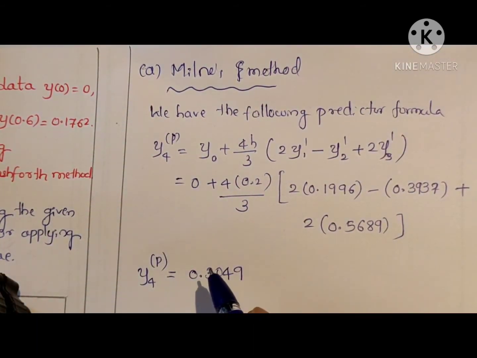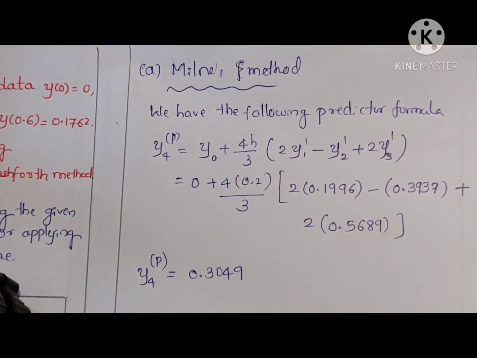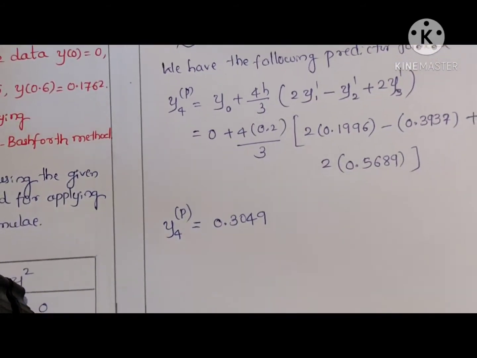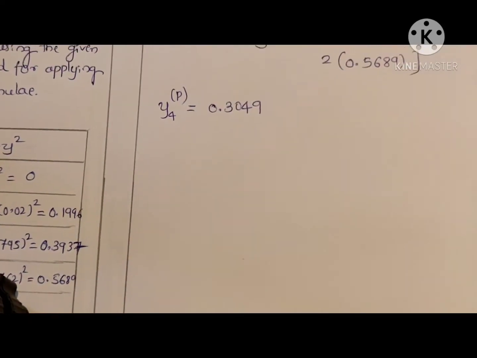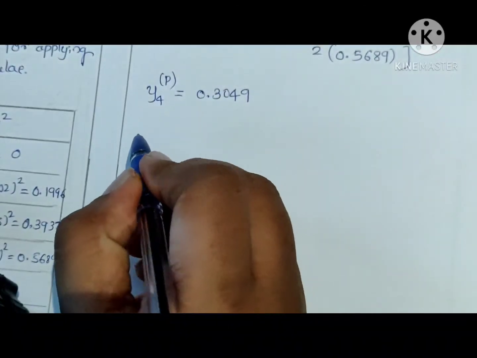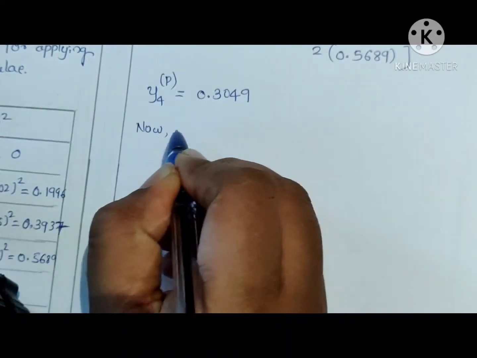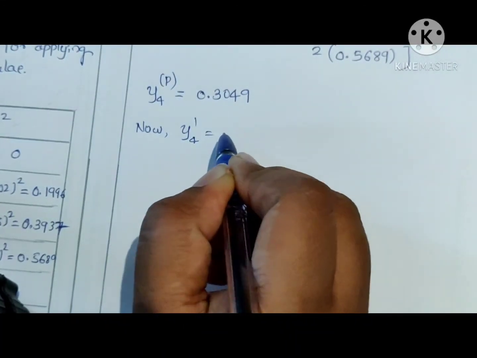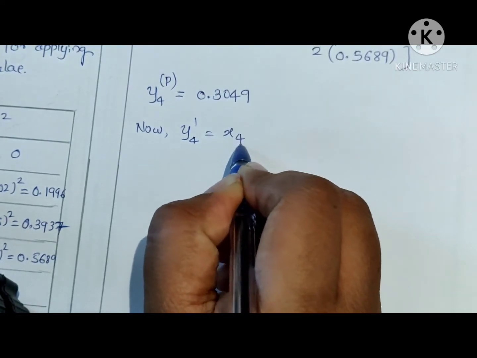Now, what is the next procedure? Next step, we need to compute y4 dash to use the corrector formula. y4 dash is equal to, what is the differential equation? x minus y square.